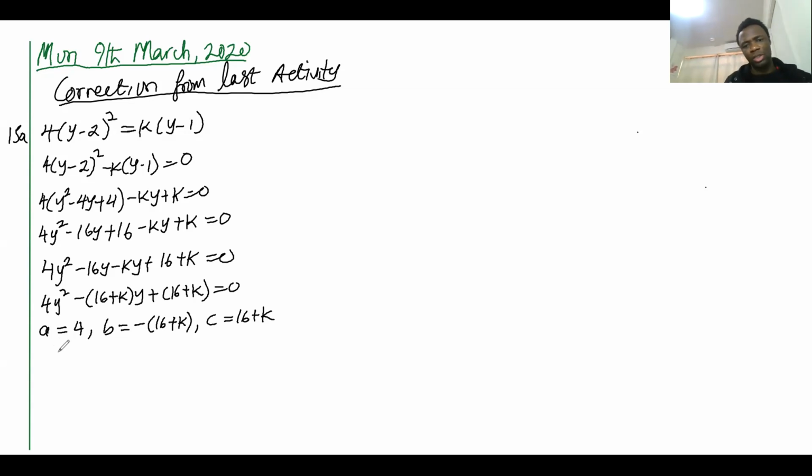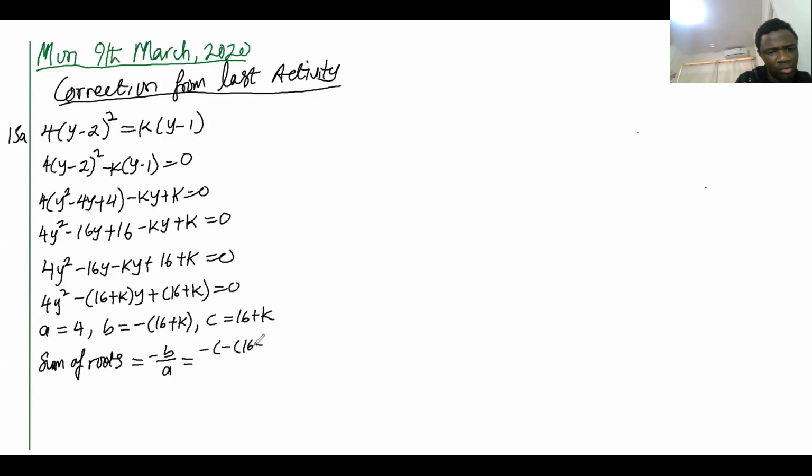No, because the question says show that the sum and product of the roots. You don't have to call them alpha and beta, but you can say sum of roots. Sum of roots is what? Negative b divided by a. Good. Sum of roots is negative, negative 16 plus k, divided by 4, and the negative cancels the negative, so you have just plus 16 plus k divided by 4.